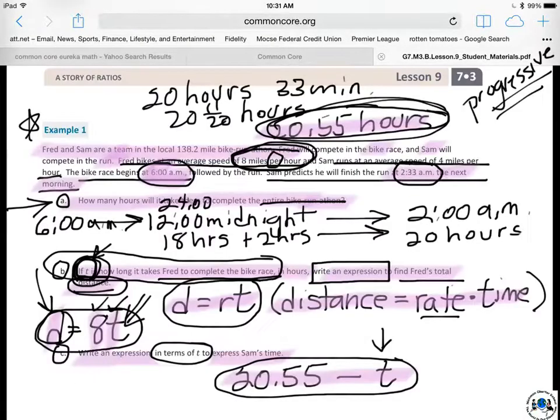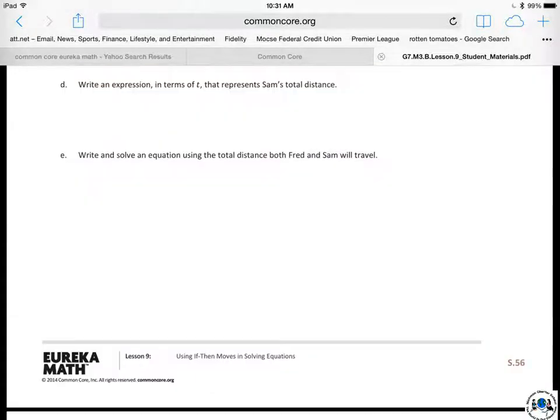You have been solving for information through A, B, and C, and you're going to use what you have solved for to do this. We're going to write another expression. D asks you to write an expression in terms of t that represents Sam's total distance.